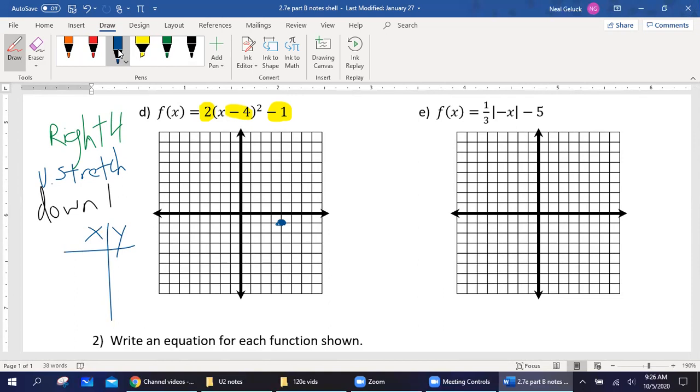So that's x is 4, so let's say I pick x is 3. If I plug 3 into my function, remember to square first, so that would be 2 times 1 minus 1. So that's going to give me 1. So I'm going to have a point at 3, 1.